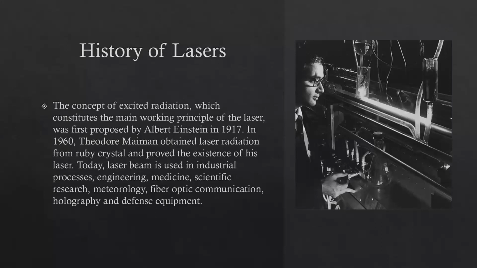The concept of stimulated emission, which constitutes the main working principle of the laser, was first proposed by Albert Einstein. In 1960, Theodore Maiman obtained laser radiation from a ruby crystal and proved the existence of his laser.